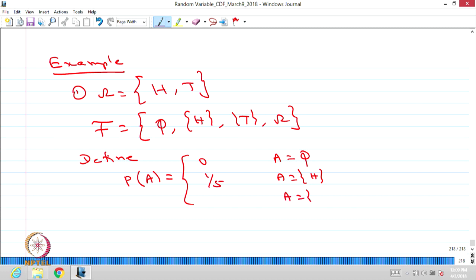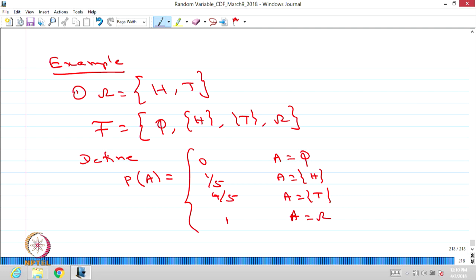When A is tail, it is going to be 4 by 5. When A is the whole set, it is one.